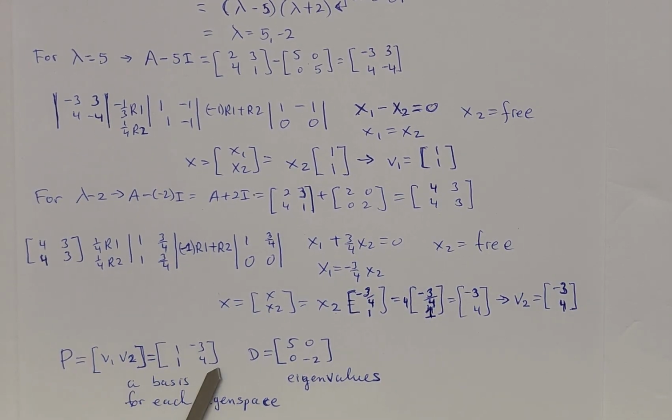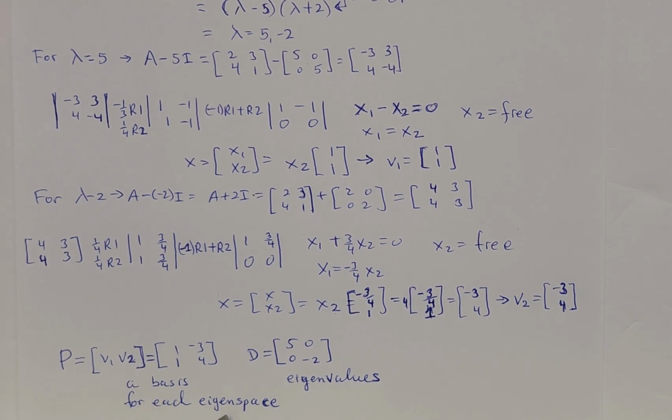So my P matrix is all of the bases or vectors of the eigenspace. The D is the matrix that belongs only to the eigenvalues. One more time, the P matrix is all of the bases that belong to the eigenspace. The D matrix is only eigenvalues.